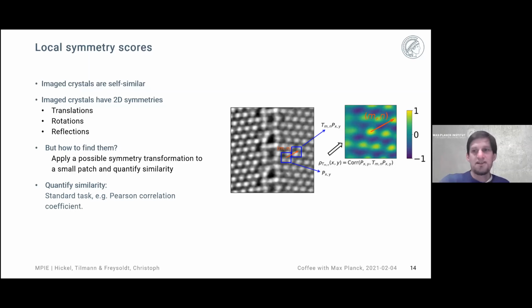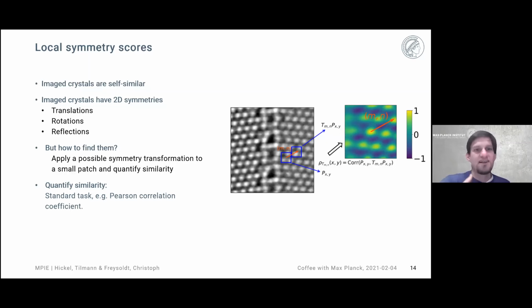And if you image these three-dimensional crystalline symmetries in a 2D manner, they are projected down to 2D symmetries. These are the interesting features in our experimental image that we can use to differentiate the crystals.